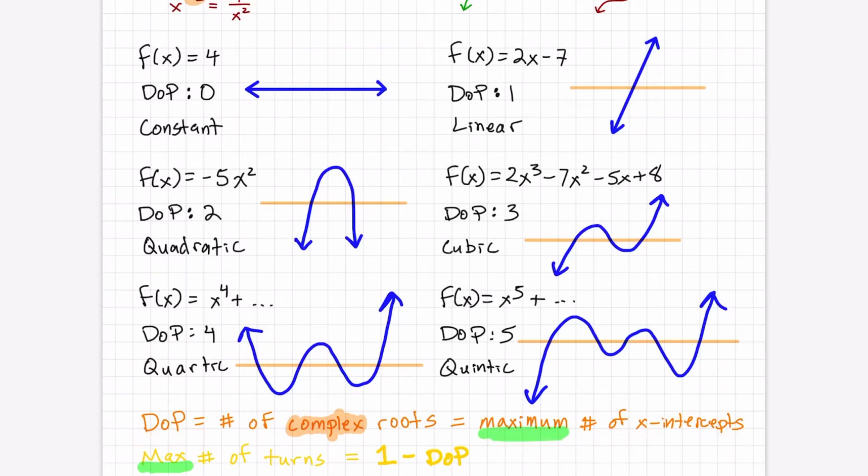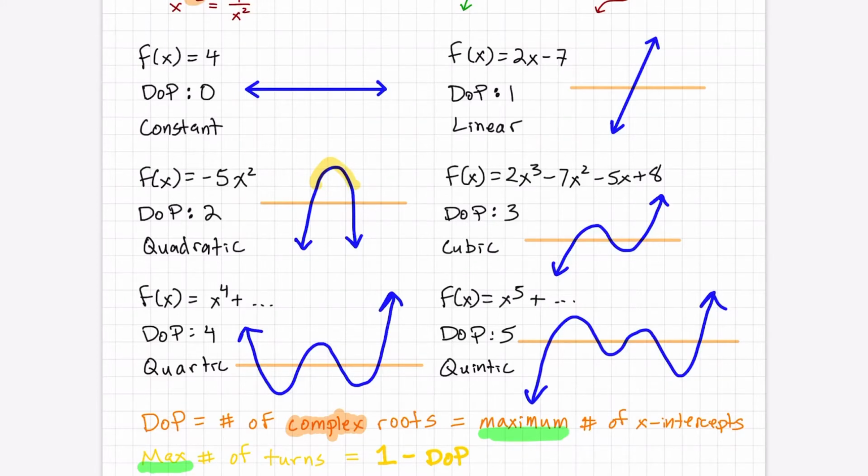And also, just vocab term, we've talked about roots previously, but technically we're calling them complex roots. So the degree of the polynomial equals the number of complex roots. Remember, a root is the value of x that makes the y value, or just the value of the function, 0. Now, you might have noticed something about the turns. Let me highlight them. Well, the quadratic function turns around once right there.